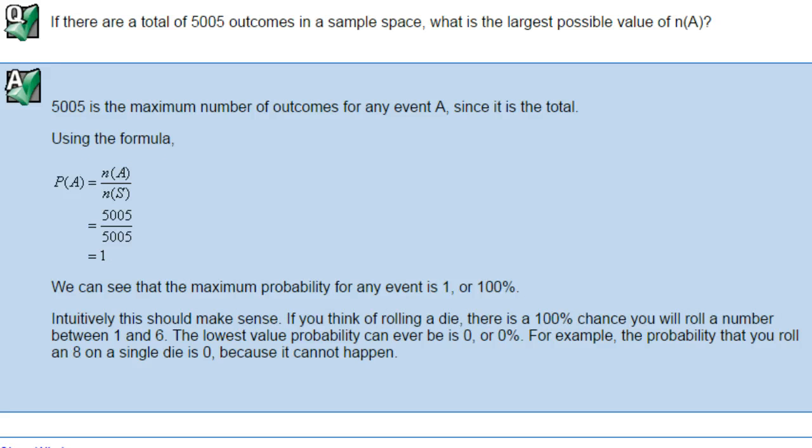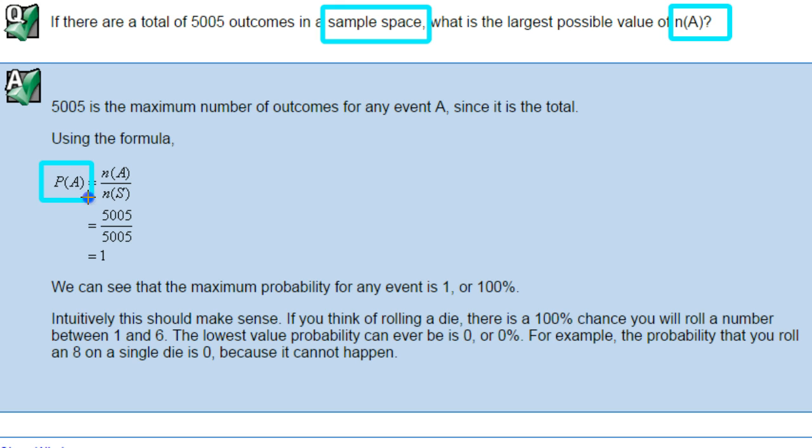Let's change the question slightly. We have 5,005 outcomes in a sample space. What is the maximum possible value of n(A), the number of ways event A can occur? Well, let's use our formula.